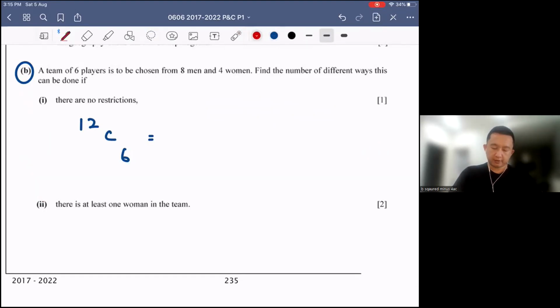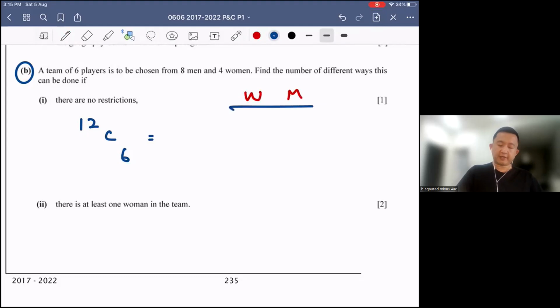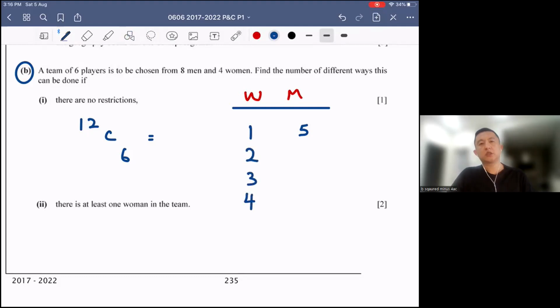At least 1 woman. This is for woman. This is for man. At least 1 woman. Does it mean for the woman there's just 1 woman? If it's 1 woman, meaning there should be 5 men, because total must be 6. So at least 1, does it mean 1, 5? No, right? At least 1 meaning it can be 1 woman, or 2 women, or 3 women, or 4 women.